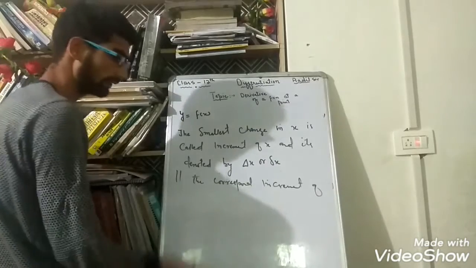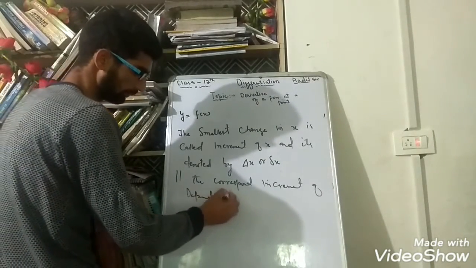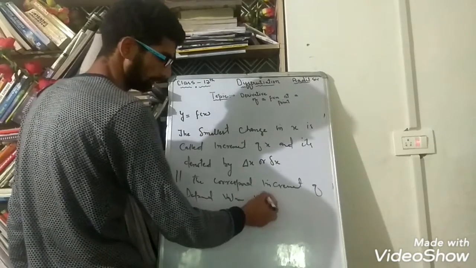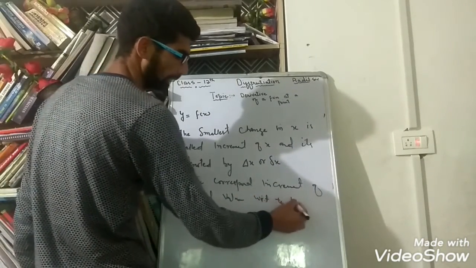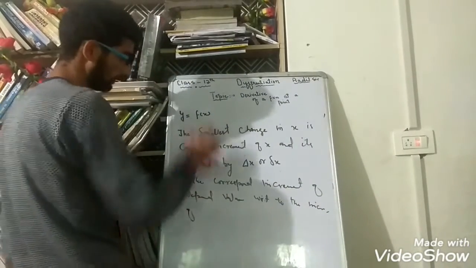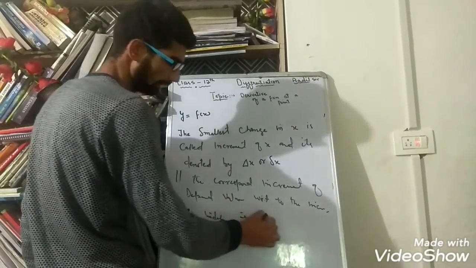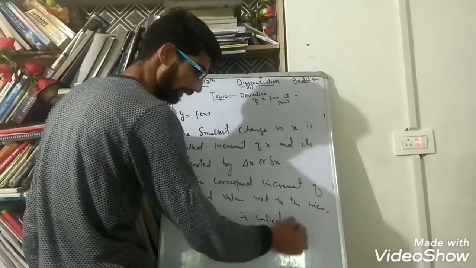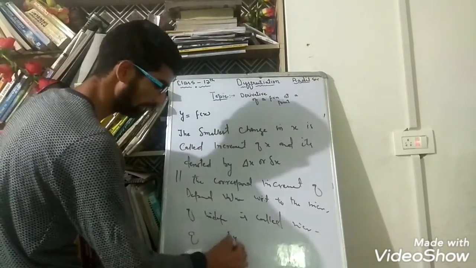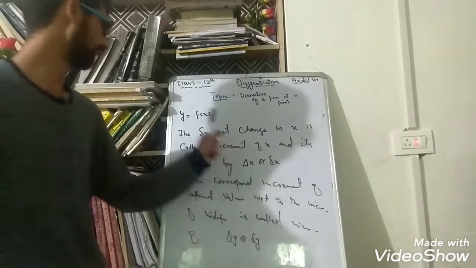The corresponding increment of the dependent variable with respect to the increment of this independent variable is called the increment of y, and it is denoted by del y, or we write it as delta y. So this is the increment of y and this is the increment of x.